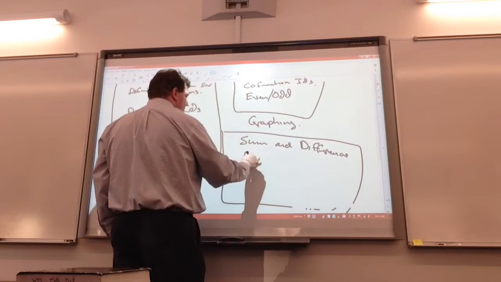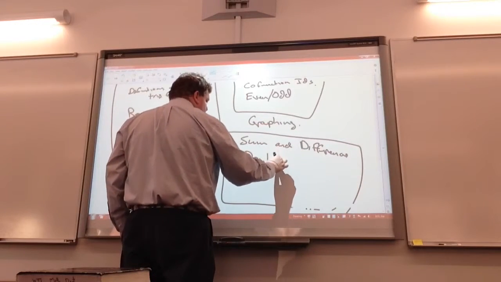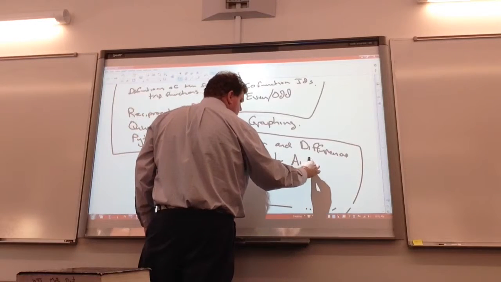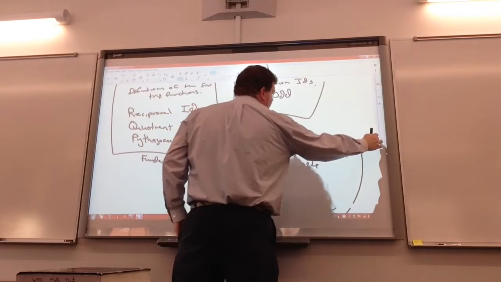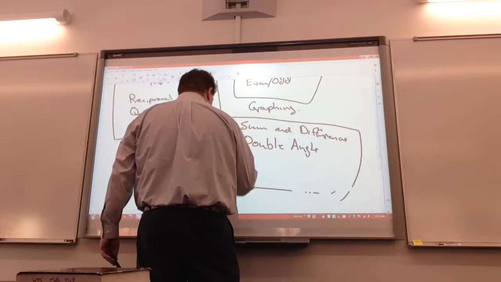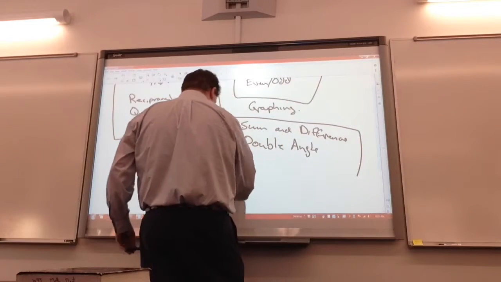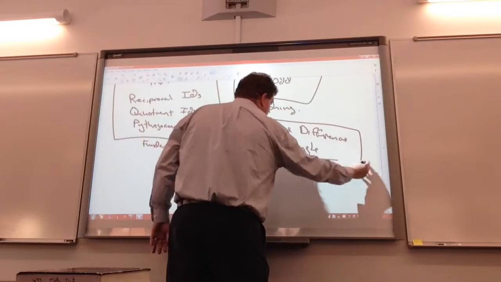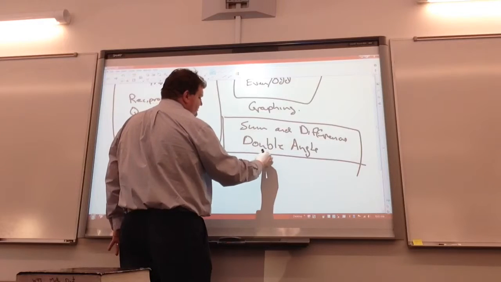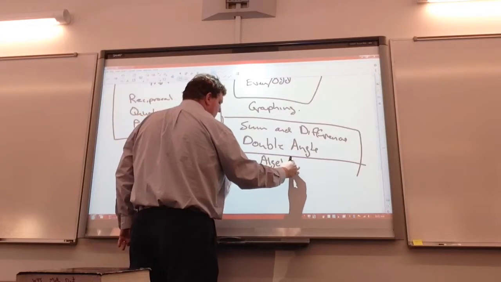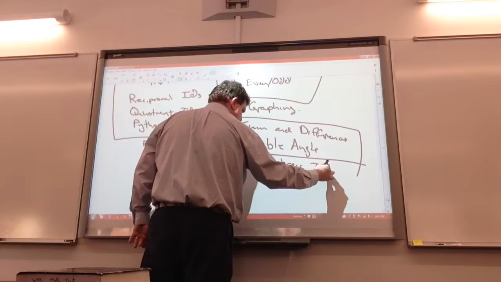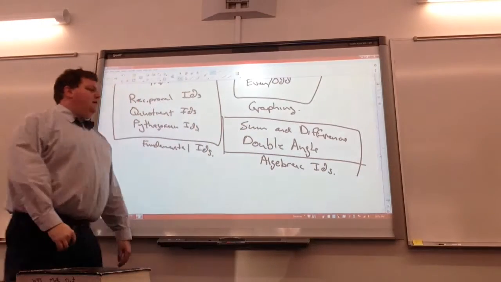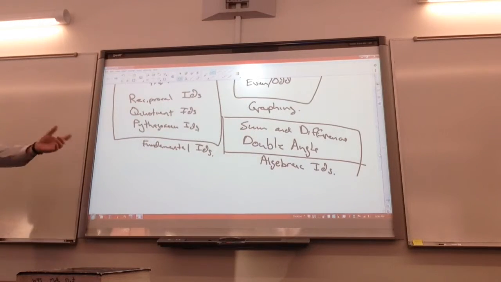And then the double angle. Okay. And these, you can think of these as the algebraic ones, because those two are all about solving things and using them mainly in an algebraic equation.